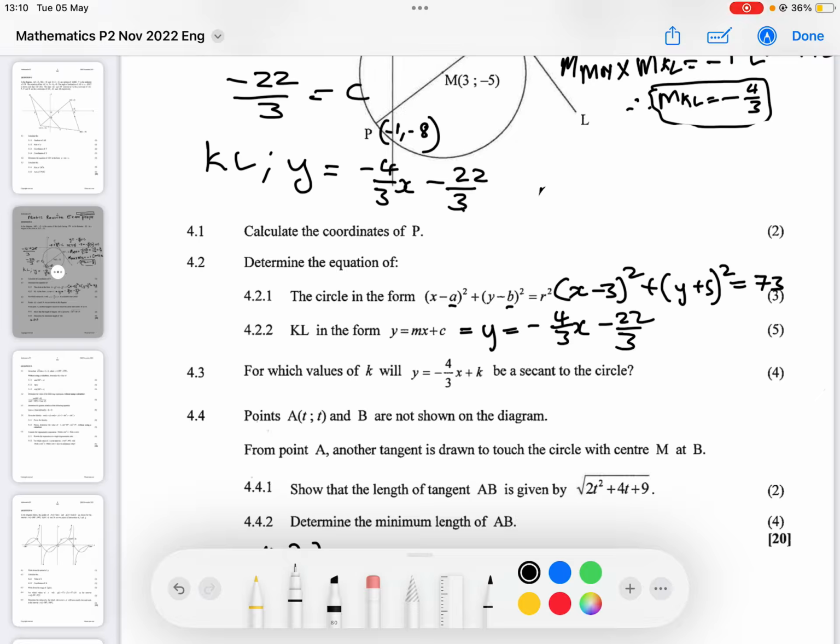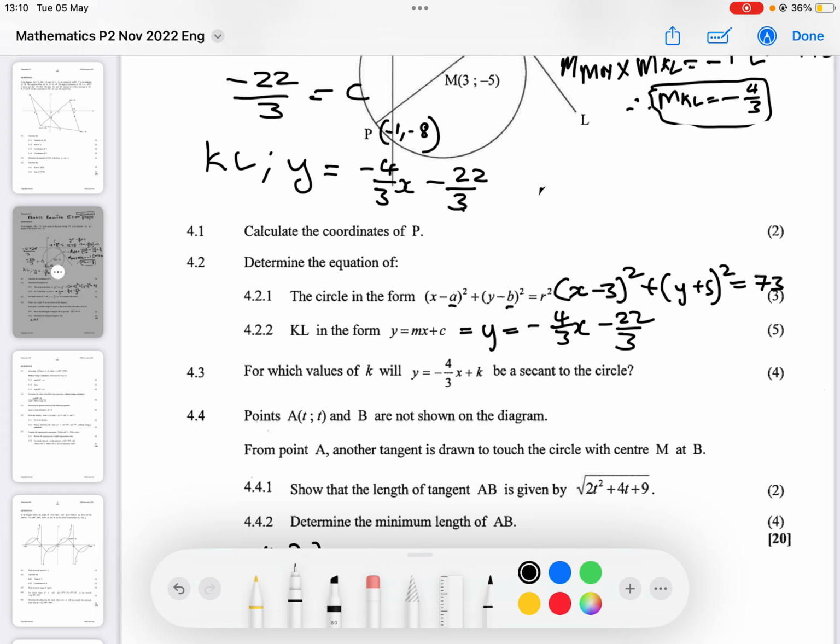And therefore here they are saying, for which values of k will y equals minus 4 over 3x plus k be a secant to a circle? A secant means it's a line that will cut the circle at 2 different points.